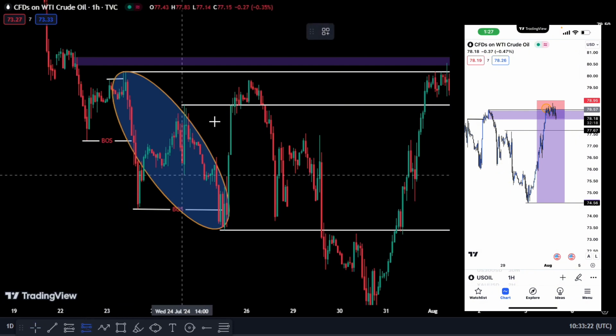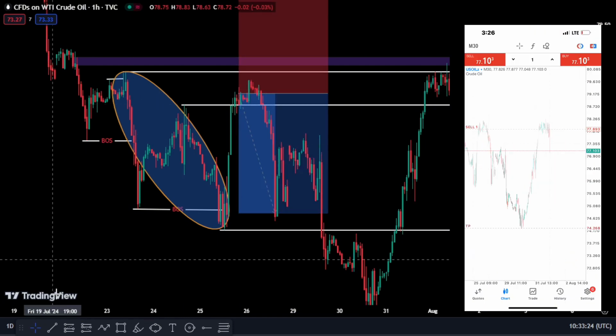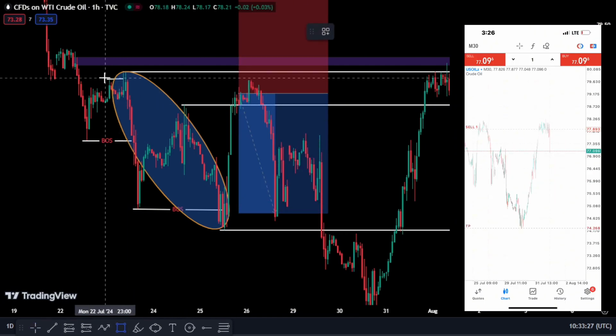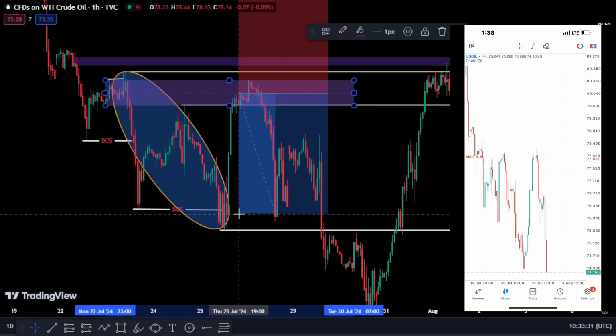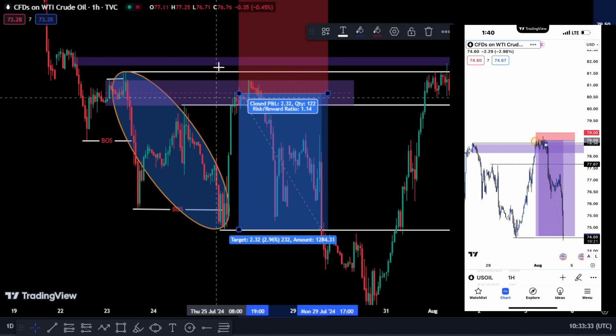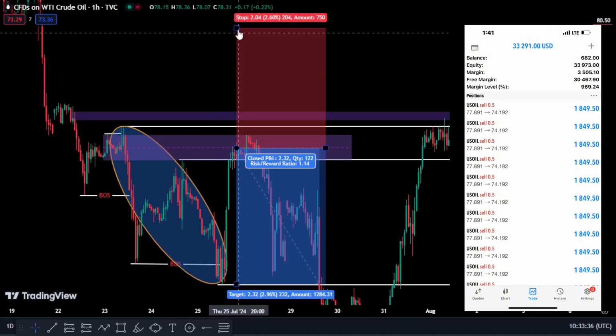Now you enter your trade at the PY. Here's your PY, there is your PY, and here is your stop loss.